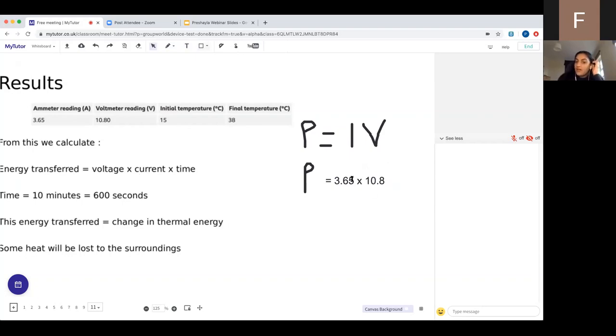So we're doing current, which is 3.65, times voltage, which is 10.8. So what would the power be? A few more seconds to think about that.